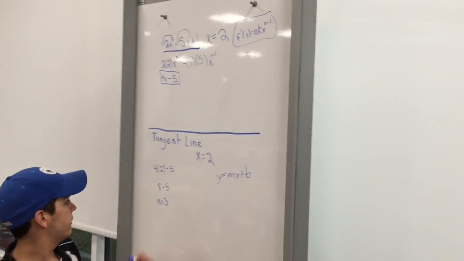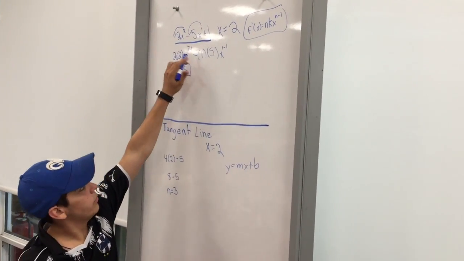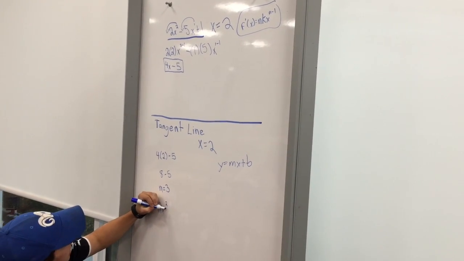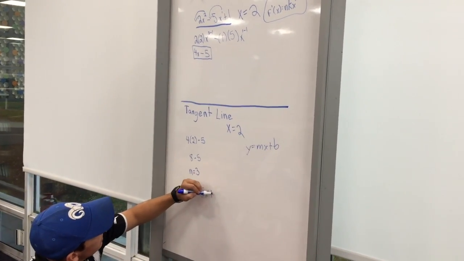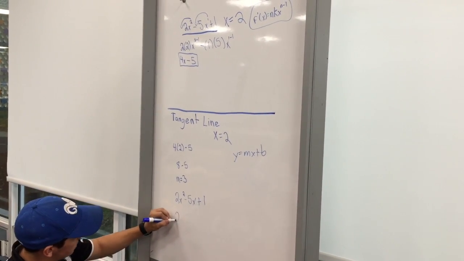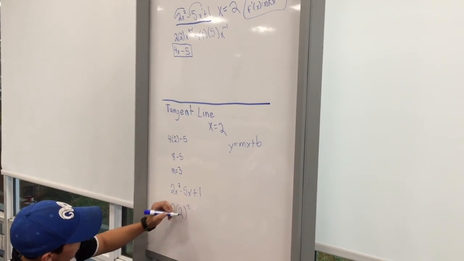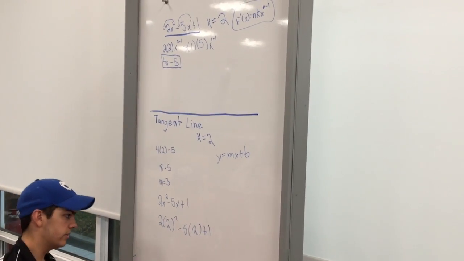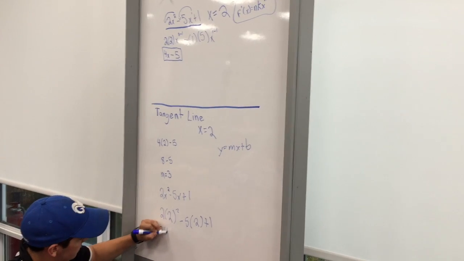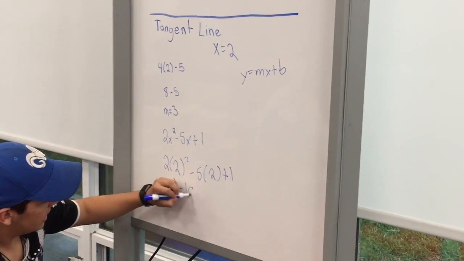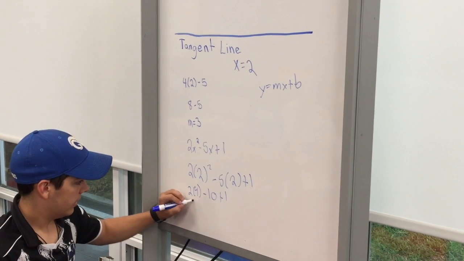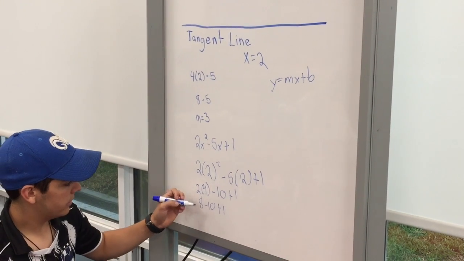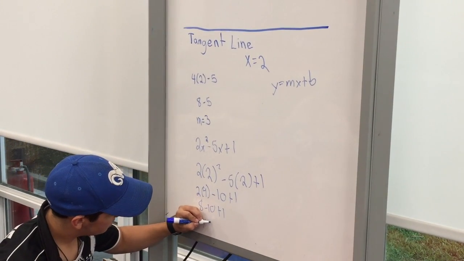So to get the y you have to substitute 2 in the original function, which is 2x squared minus 5x plus 1, and then you substitute the 2, it's 2 squared minus 5 times 2 plus 1, first the parenthesis, so it's 2 times 4 minus 10 plus 1, 8 minus 10 plus 1 equals -1. Y equals -1.